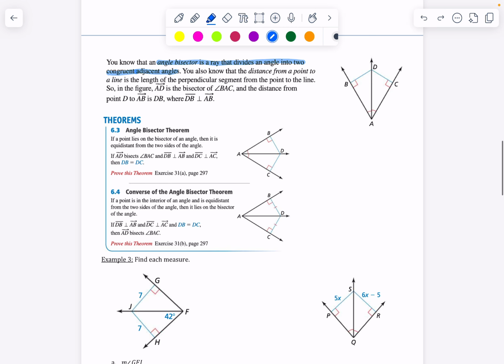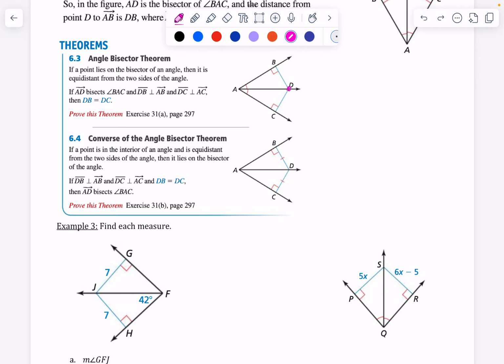Now, with the angle bisector theorem, if you have an angle that's being cut in half, then you know that the point on the angle bisector, in this case D, is going to be equidistant to this ray and equidistant to this ray. So this is equal to this. BD is congruent to DC. That's just the regular angle bisector theorem.